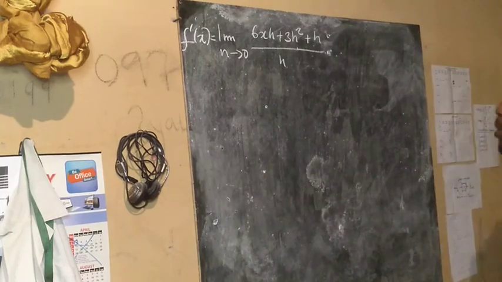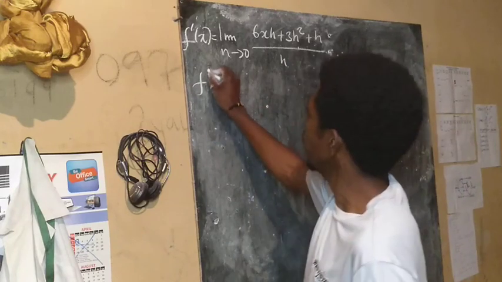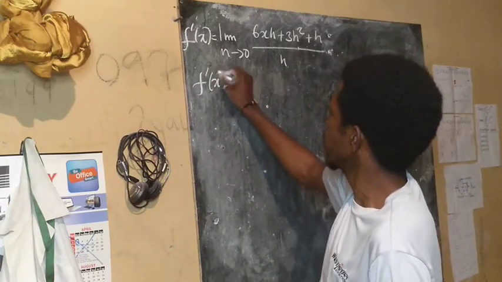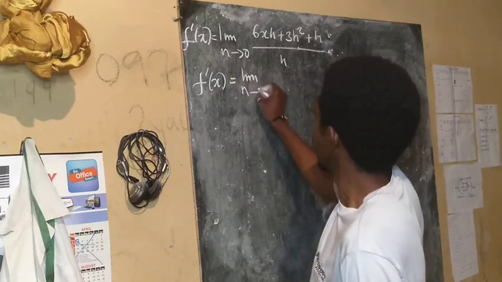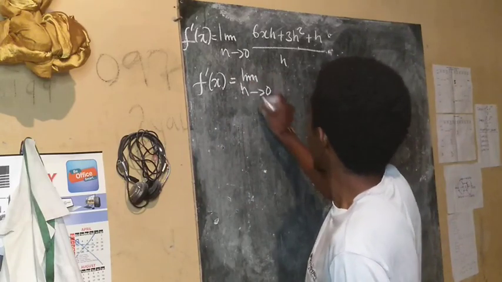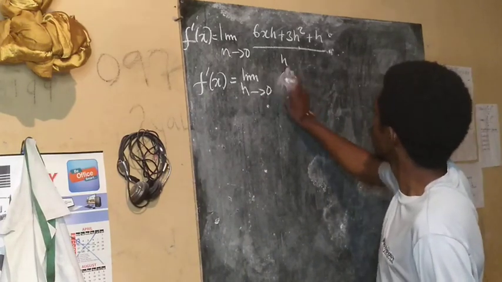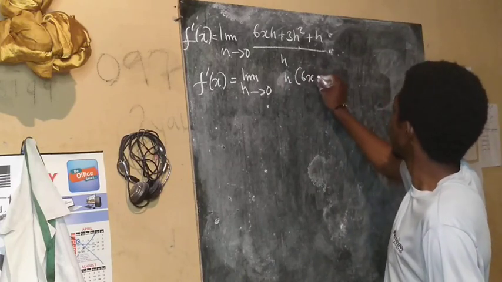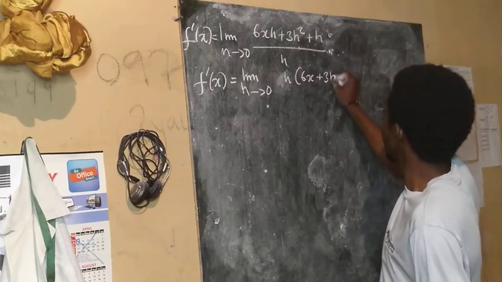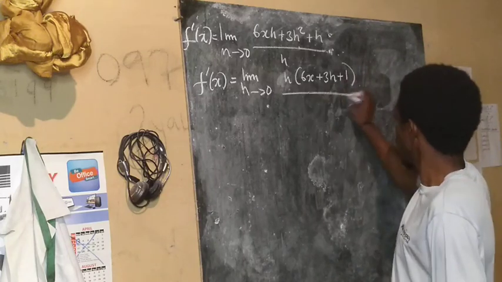Now that it is like that, I'll factorize h. So f prime of x equals limit when h is approaching 0, then the h comes out first, so that I remain with 6x, then plus 3h, then plus 1, over h.